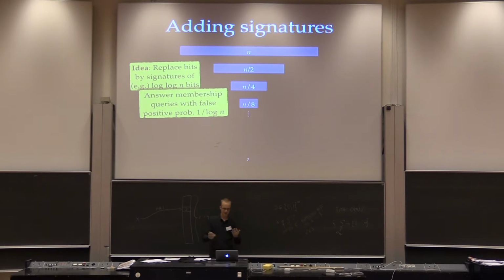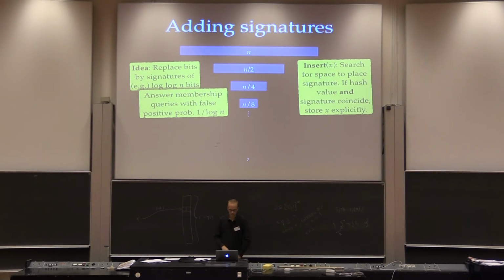Okay, so it's kind of a different trade-off. But the reason that I really showed this is that this actually works in a dynamic setting. Okay, so we can actually insert new things. Suppose we want to insert a new key. What we do is we start at the top level.